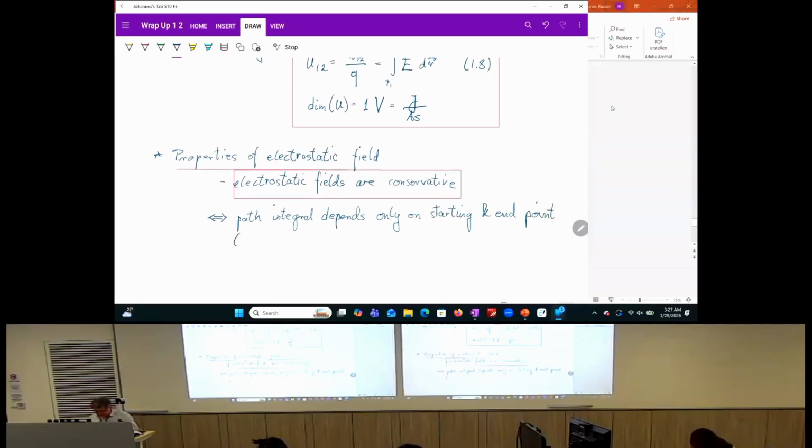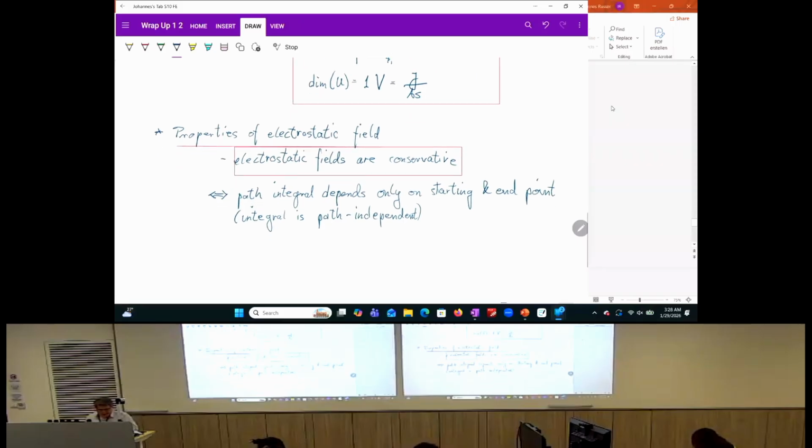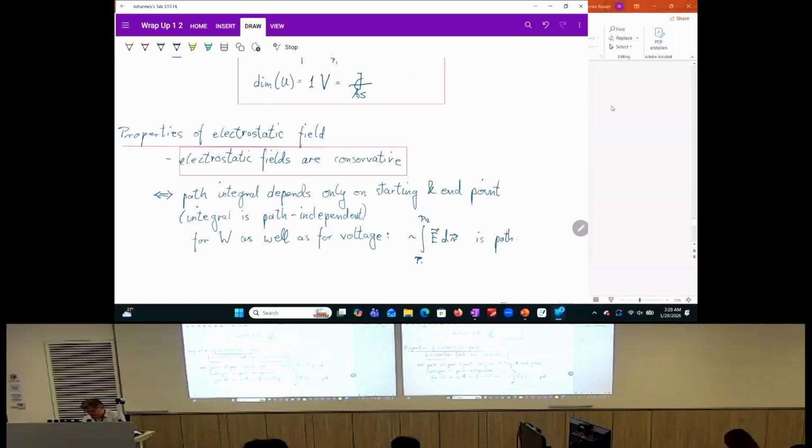In other words, the integral is path independent. Mind, this is true for the work as well as for the voltage. So from P1 to P2, the integral over the electric field is path independent.